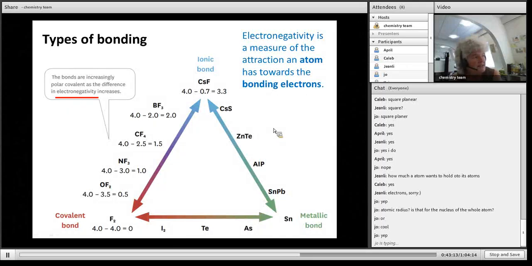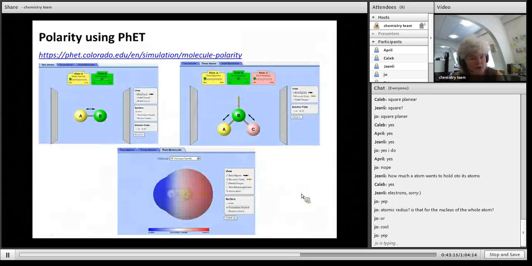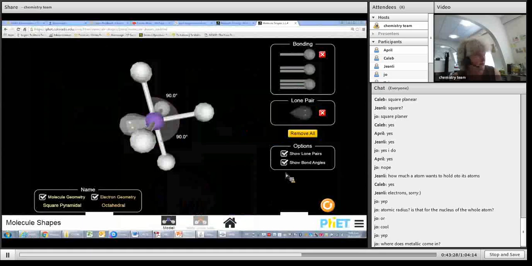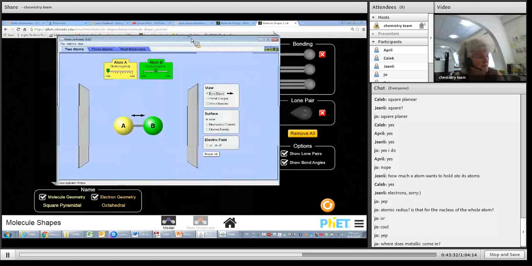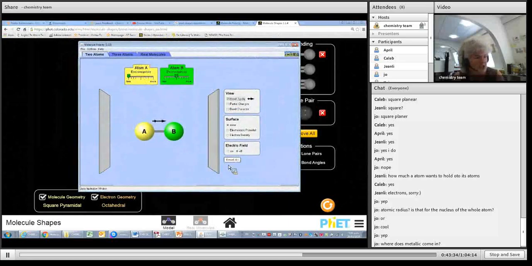Now, this is an example we're going to use in terms of another PhET animation. If you just Google PhET polarity, you should get this. So we're going to go through this now. I hope that's clear enough. Unfortunately, I can't make this bigger.